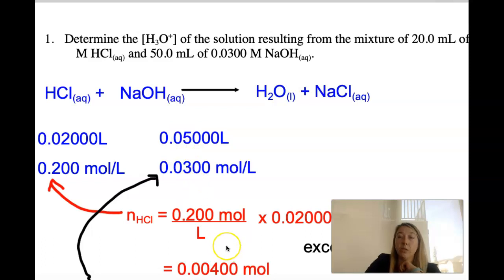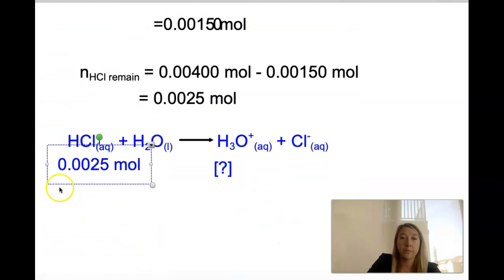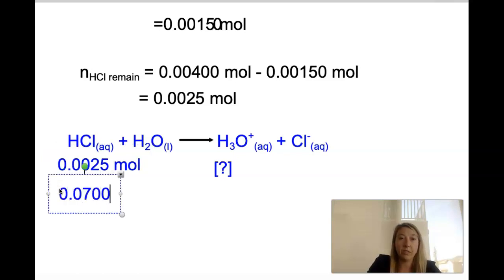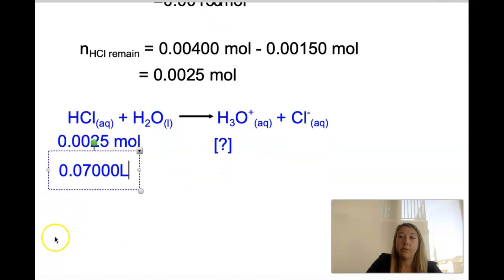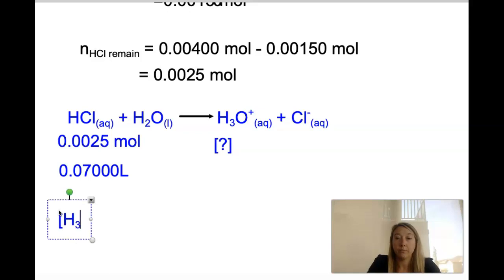So right now, as I'm trying to figure out the concentration of hydronium, I have to use the total volume of the solution, not just of the HCl, because they're all combined together inside of that container. So the volume for this is going to be 0.0700 liters.